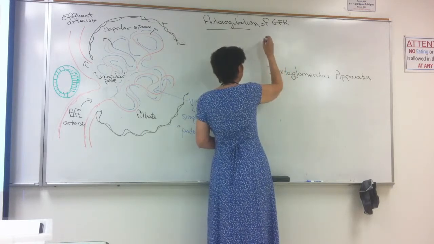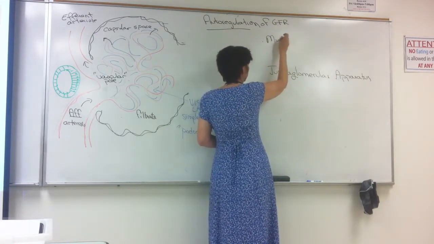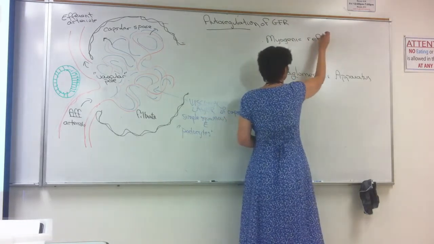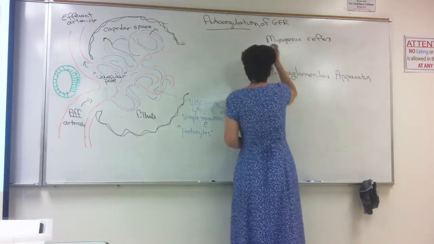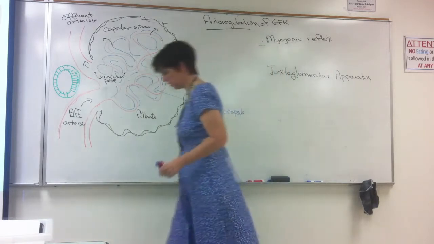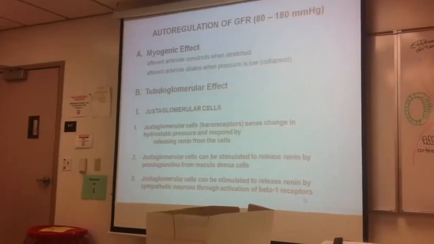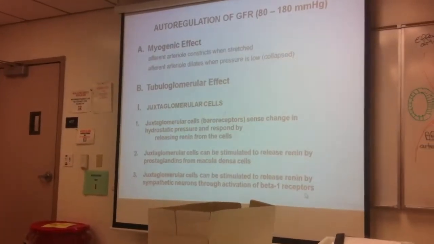One is a myogenic reflex. I don't think I have it written out quite like that on your lecture notes, but what we have occurring is, remember what happened to ventricular muscle when it got stretched out?